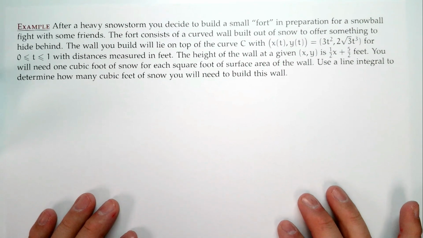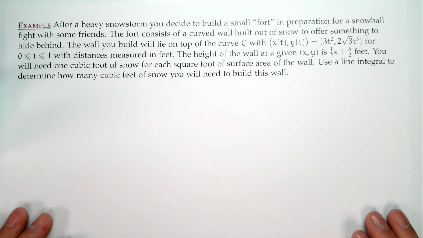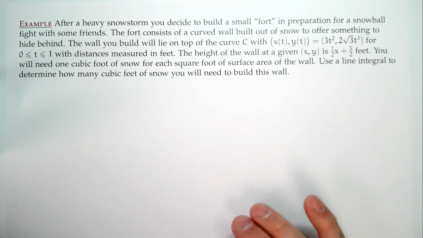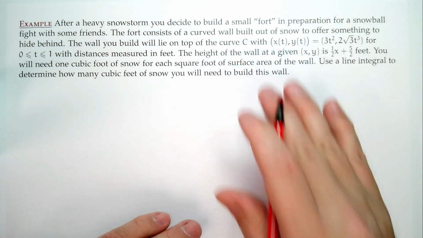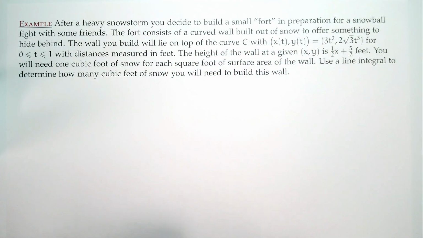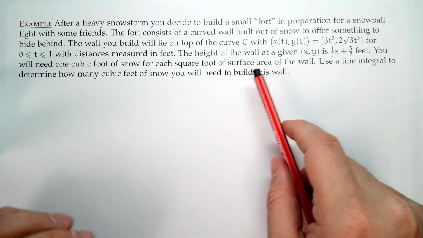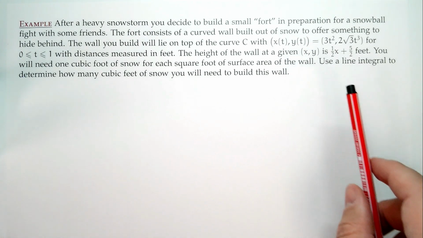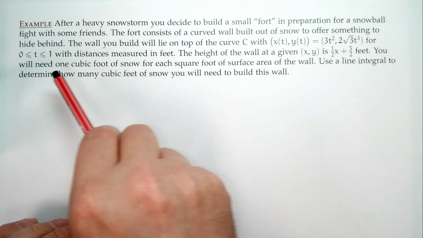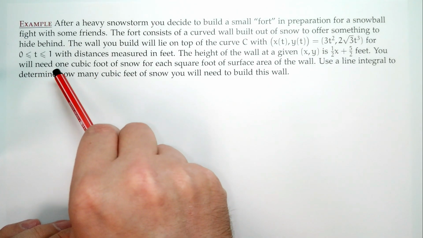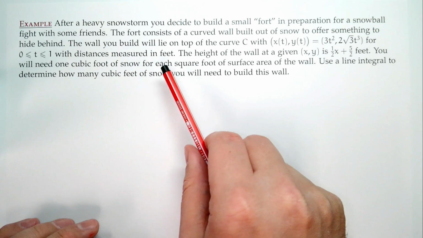So let's do an interesting example. Something that's not a circle. After a heavy snowstorm, you decide to build a small fort in preparation for a snowball fight with some friends. The fort consists of a curved wall built out of snow to offer something to hide behind. The wall you build will lie on top of the curve C, where x(t), y(t) is (3t², 2√3 t³), where 0 ≤ t ≤ 1, and distances are measured in feet.